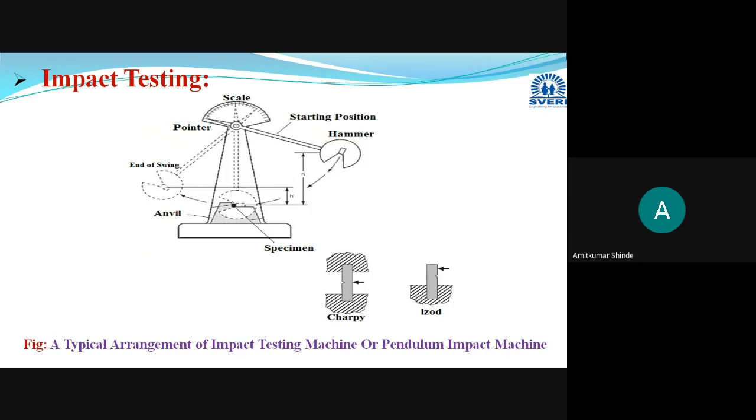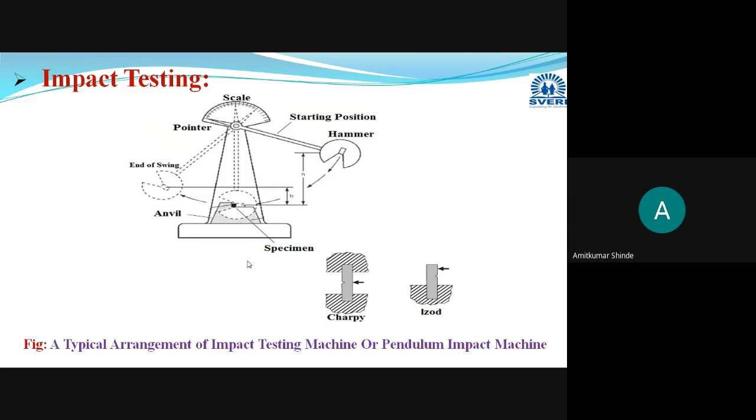Whatever three parameters we have discussed: low temperatures, high rate of loading, and triaxial state of stresses. These conditions we are going to create on our test specimen, and we are going to determine the capacity of that material to absorb the energy before the actual fracture, and that will be termed as the toughness.